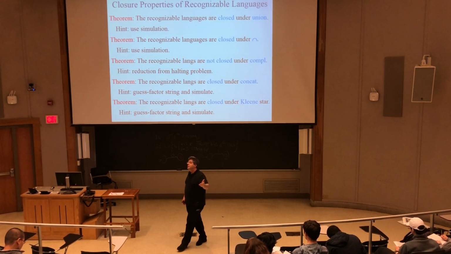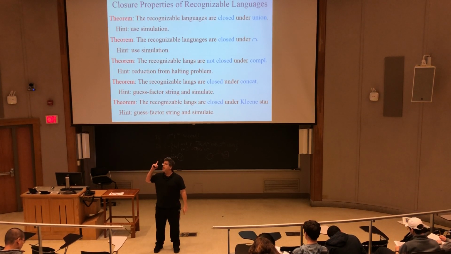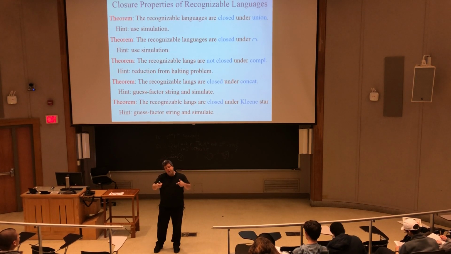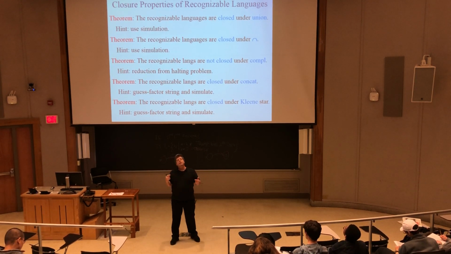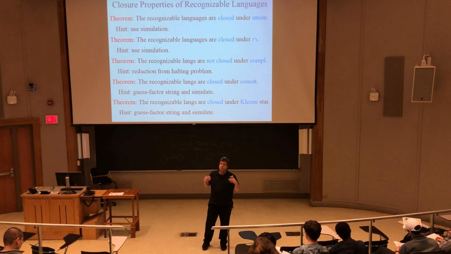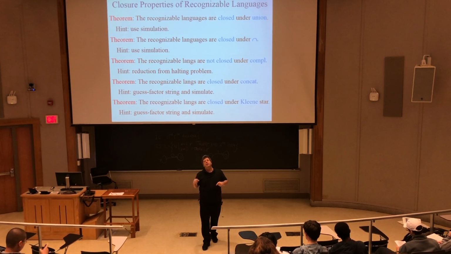So what can you do? The word is on the slide. Run them in parallel. Right? So if you run them in parallel, whichever one halts, you'll know without waiting on the other one, which may never halt and therefore run forever without running the first that halts. So you can't run one or the other.